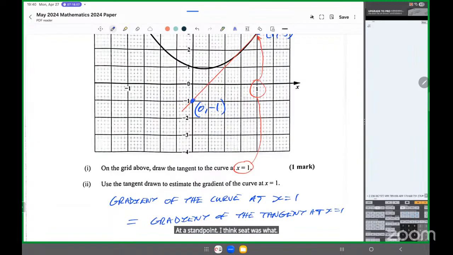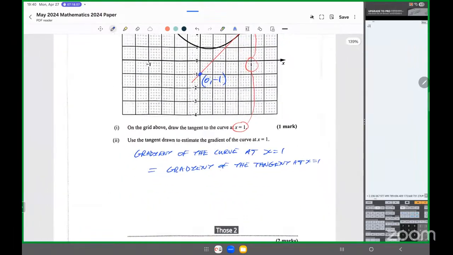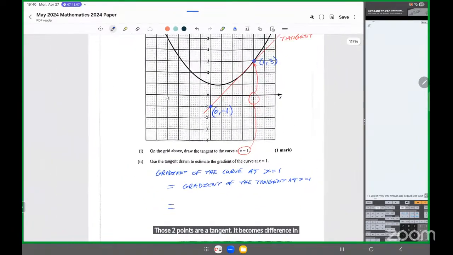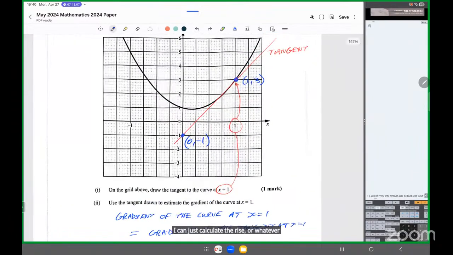So if we want to find the gradient of a curve at that point, we find the gradient of a tangent at that point. And those 2 points are on the tangent. So it becomes difference in y over difference in x between those 2 points, right? I can just calculate the rise over the run between those 2 points.